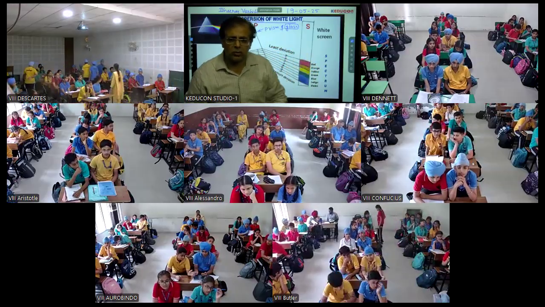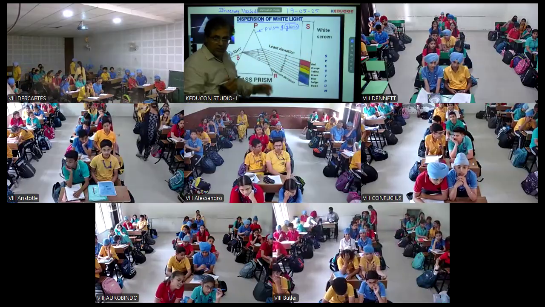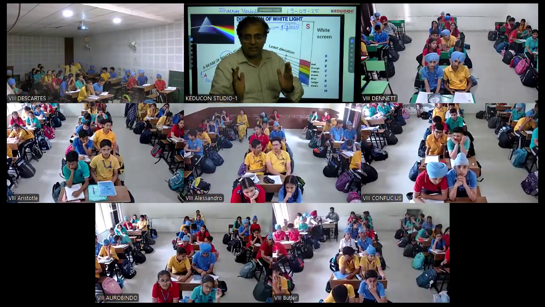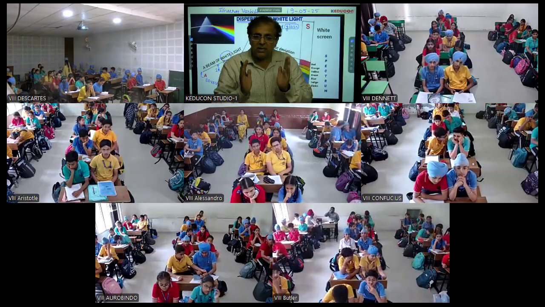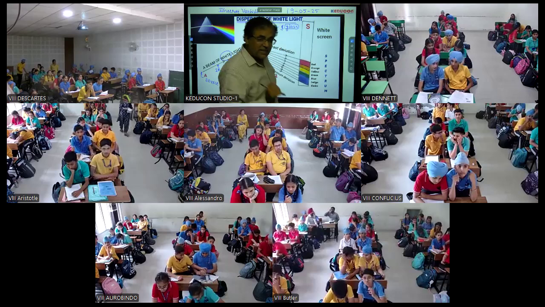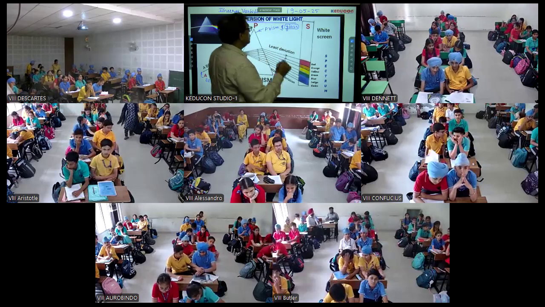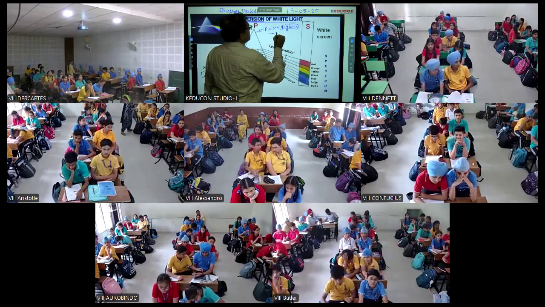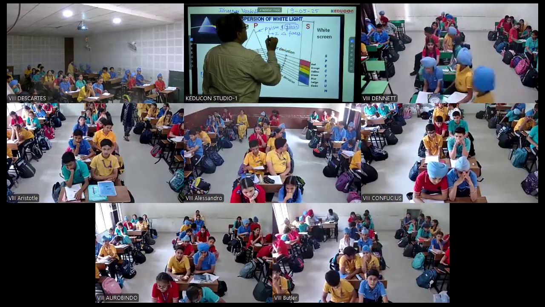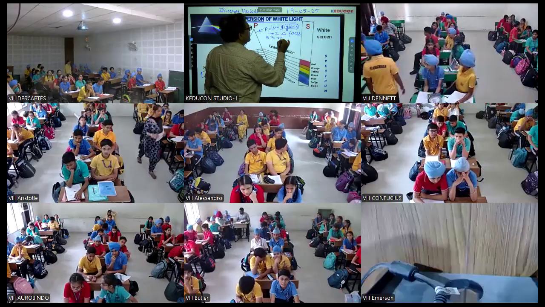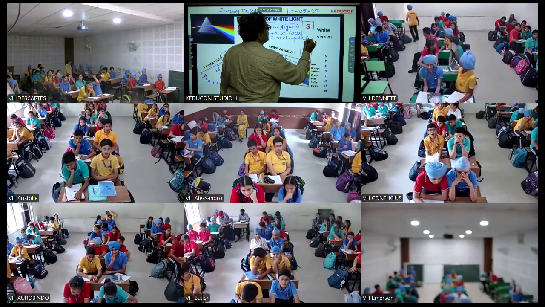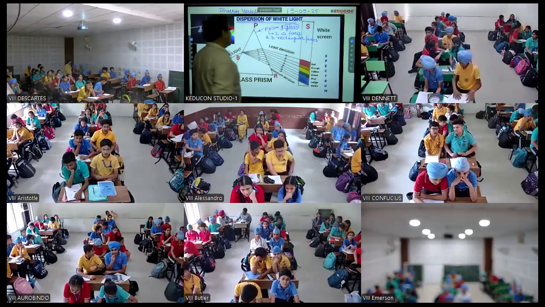If somebody asks my students, define prism, my students all sitting in the section will define it like this. Prism is a transparent structure such that it consists of two triangular faces and three rectangular faces.